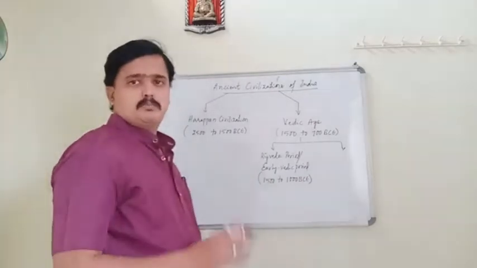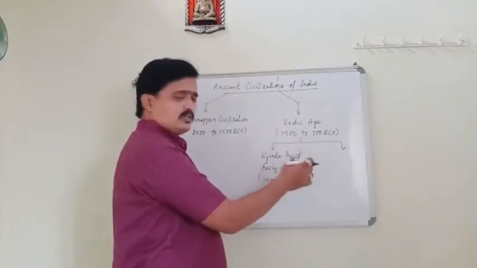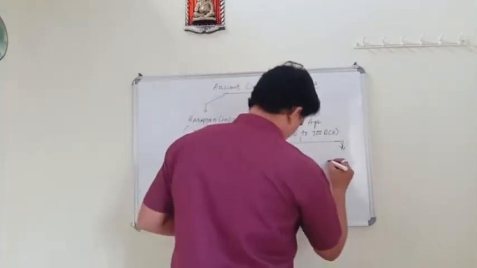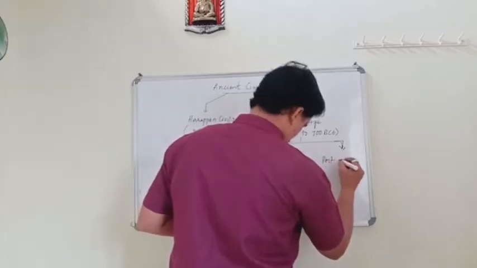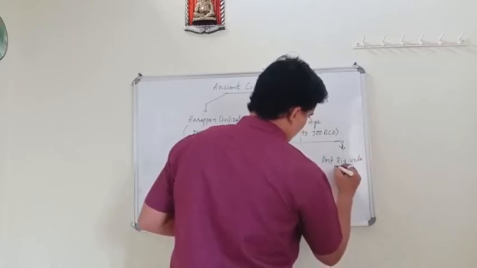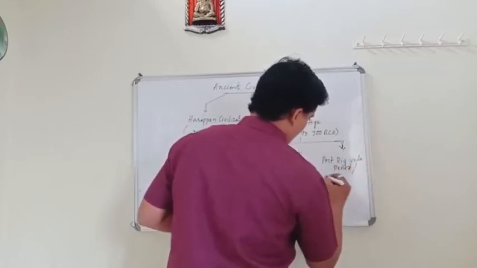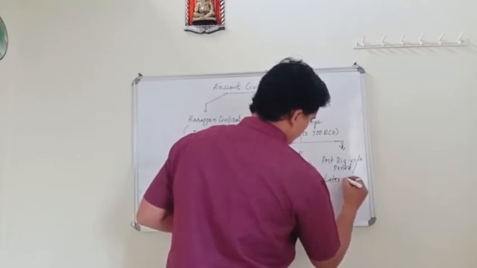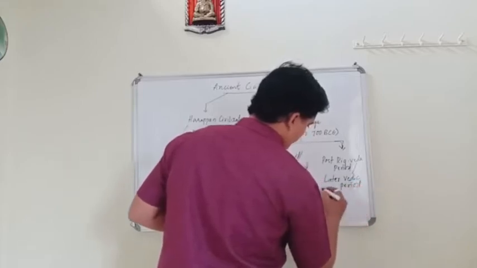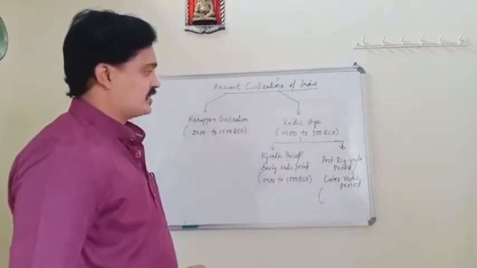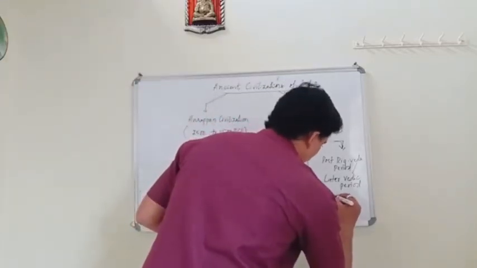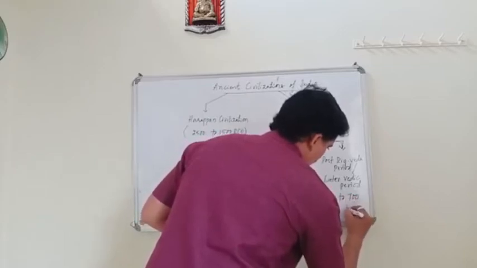The other is the post Rigveda period, or later Vedic period. The time of the post Rigvedic period was 1000 to 700 BCE.